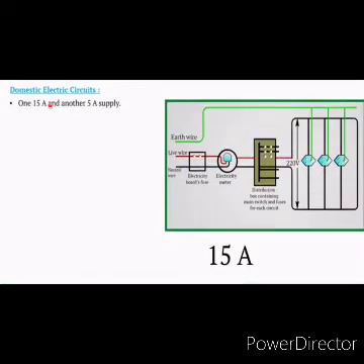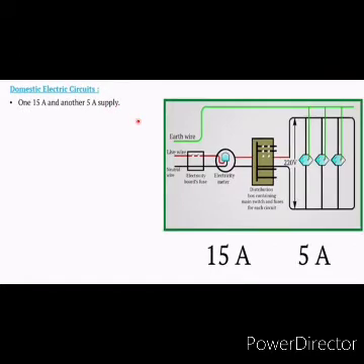So now let us know about the domestic electric circuits. Here we have two types of supply. The one is the 15 ampere supply, the other one is a 5 ampere supply. Usually 15 ampere supply is required for electric appliances like refrigerators, water heaters, or the washing machine.